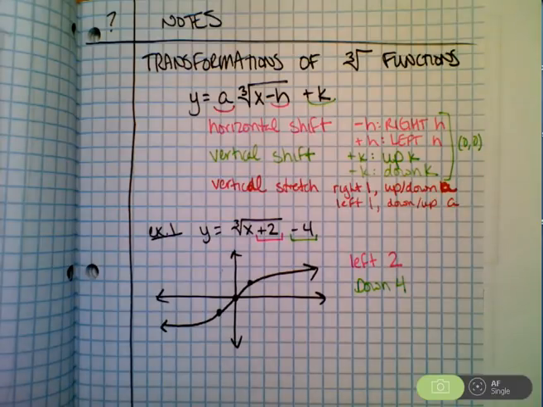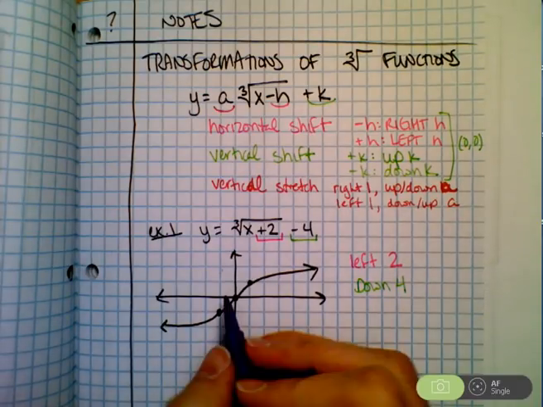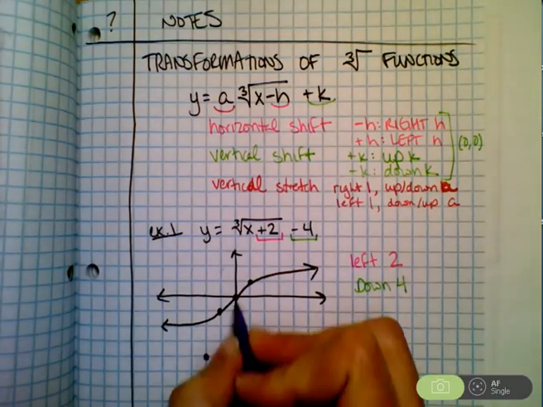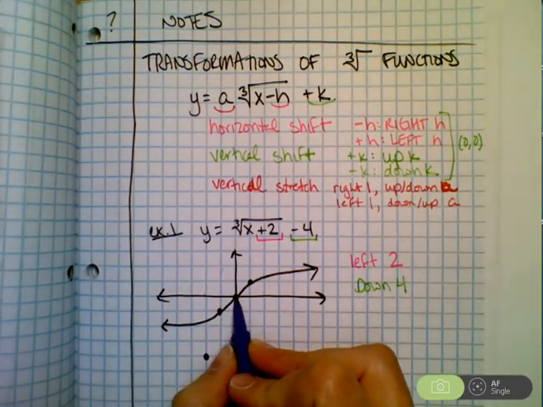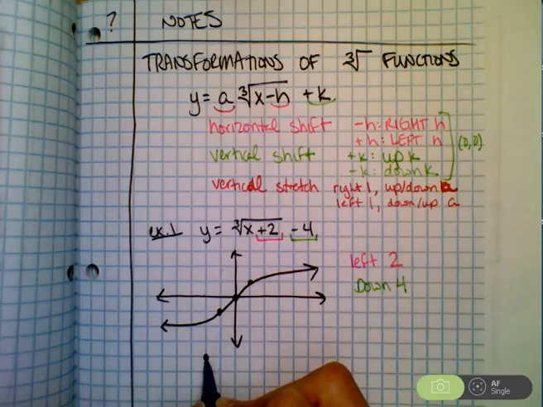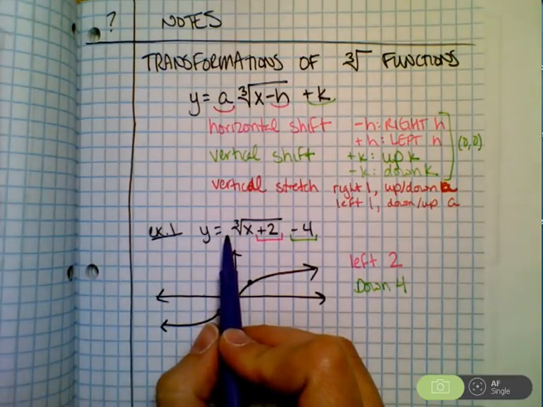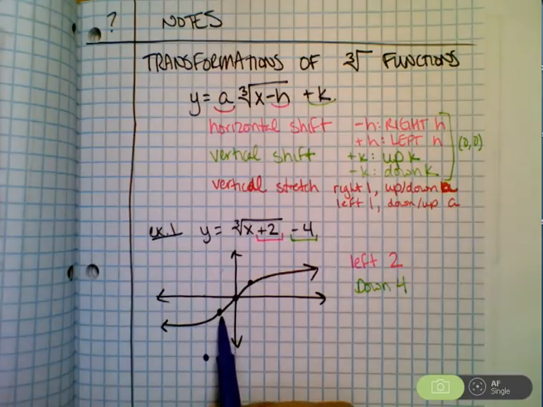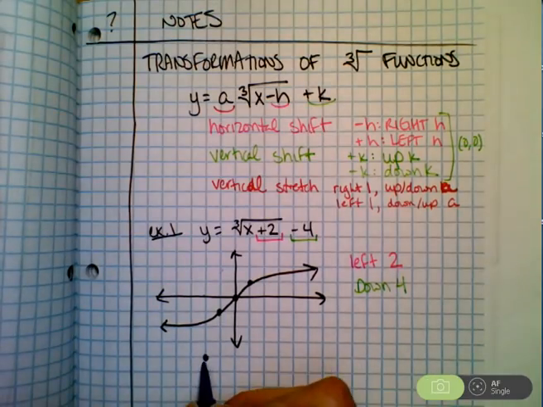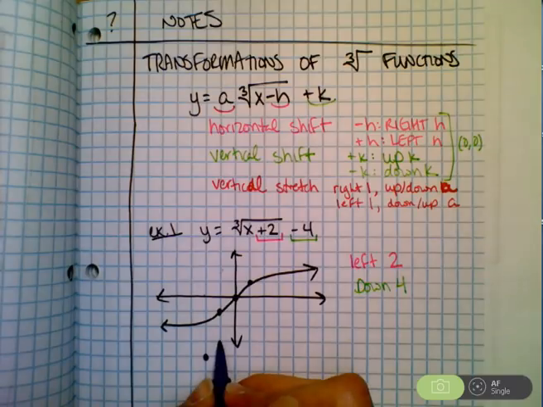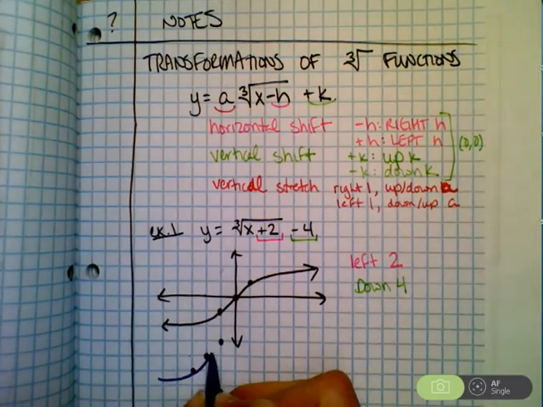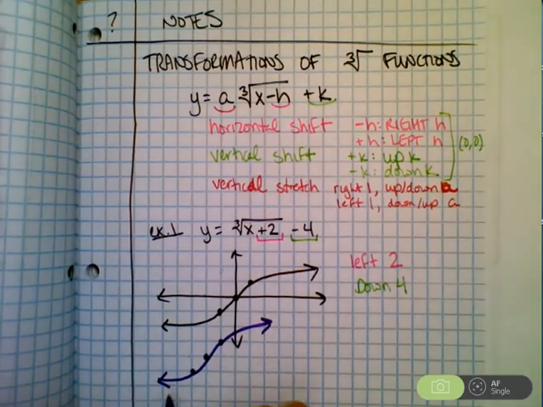So I think about that center point moving left 2 and down 1, 2, 3, 4. So that's where my 0, 0 was. It went left 2, down 4. Now I notice out here I have no stretch. So what that means is that these 2 points are also just going to move left 2 and down 4. Or it means that from here, when I go right 1, I just go up 1, and when I go left 1, I go down 1. I connect them with that nice curve.